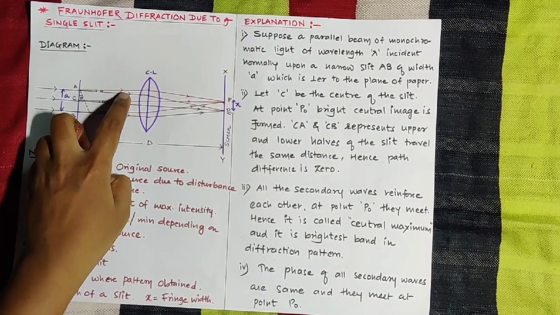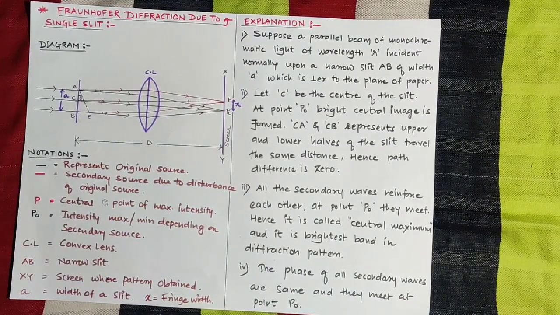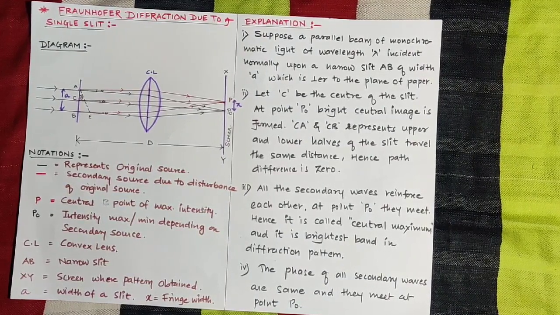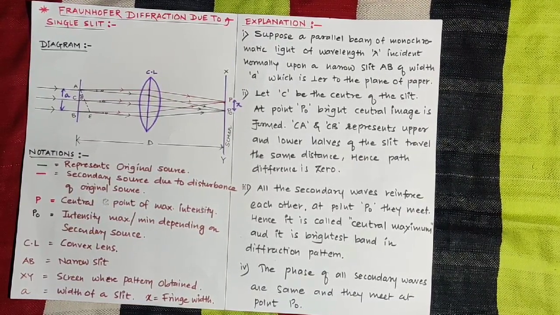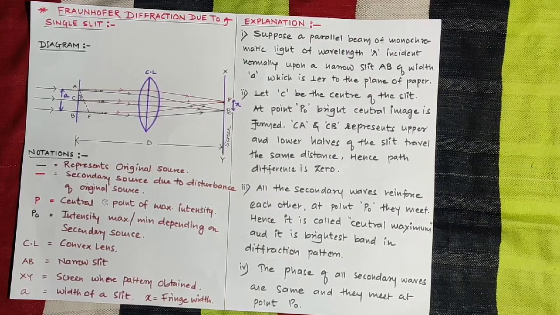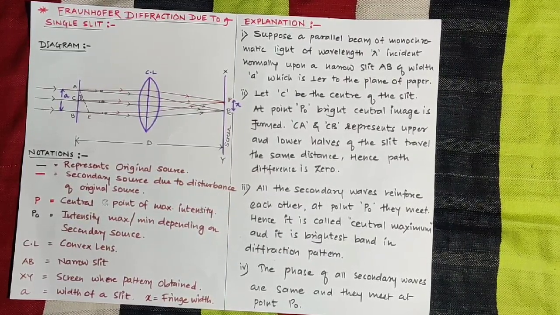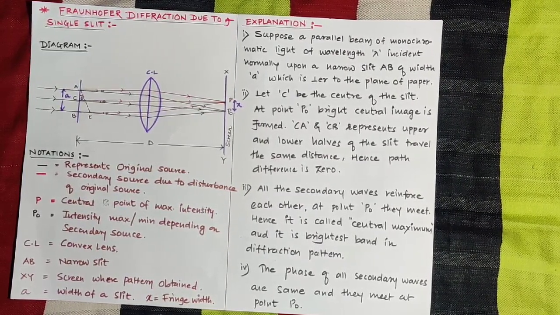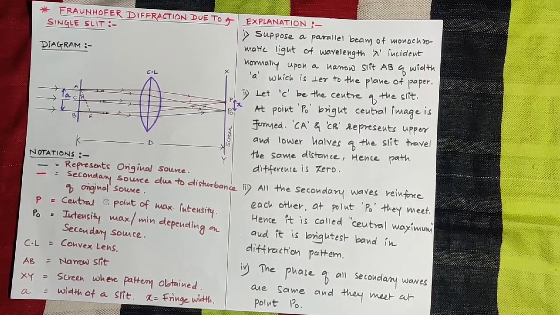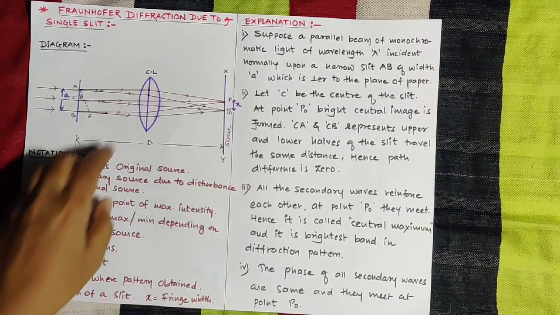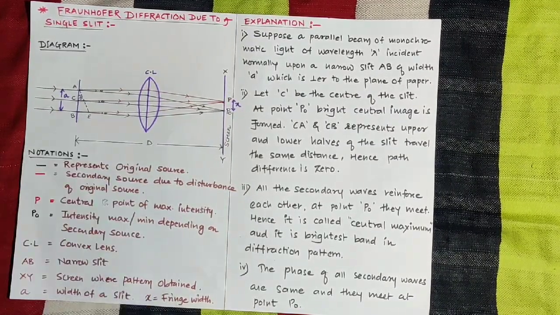So these two sources, red and black, are nothing but the secondary sources of the original source. Because of the narrow slit AB, the original source is diffracted, or disturbed, and because of that they follow another path for the propagation of the wave. So these are nothing but the secondary sources.